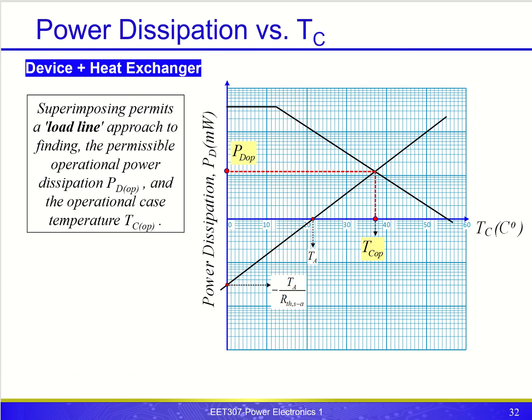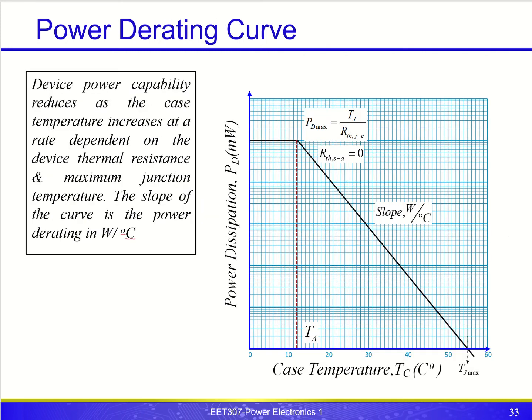The crossing point between the device and heat exchanger lines gives you the operating temperature and the operating power dissipation.